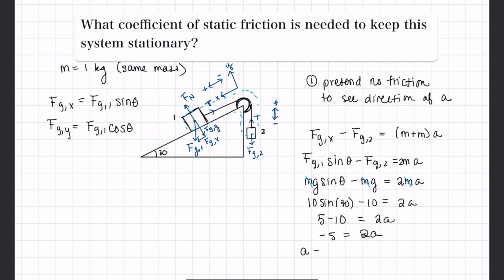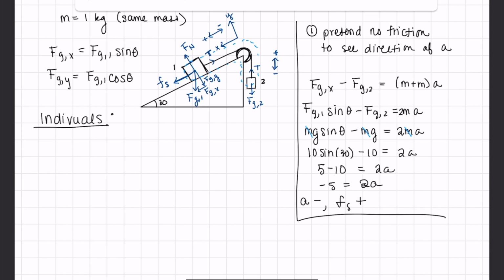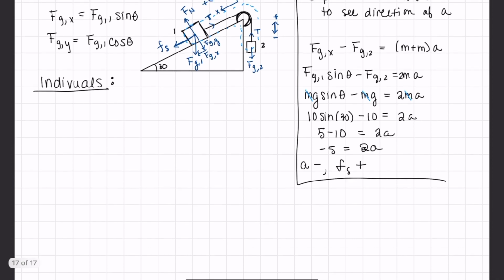So A negative, FS positive, which means it'll be pointing this way. Okay. So now we've done that, we can go ahead and solve for what we're interested in. So let's first do individuals, I guess I'll call it, and then we'll do a systematic outlook afterwards.